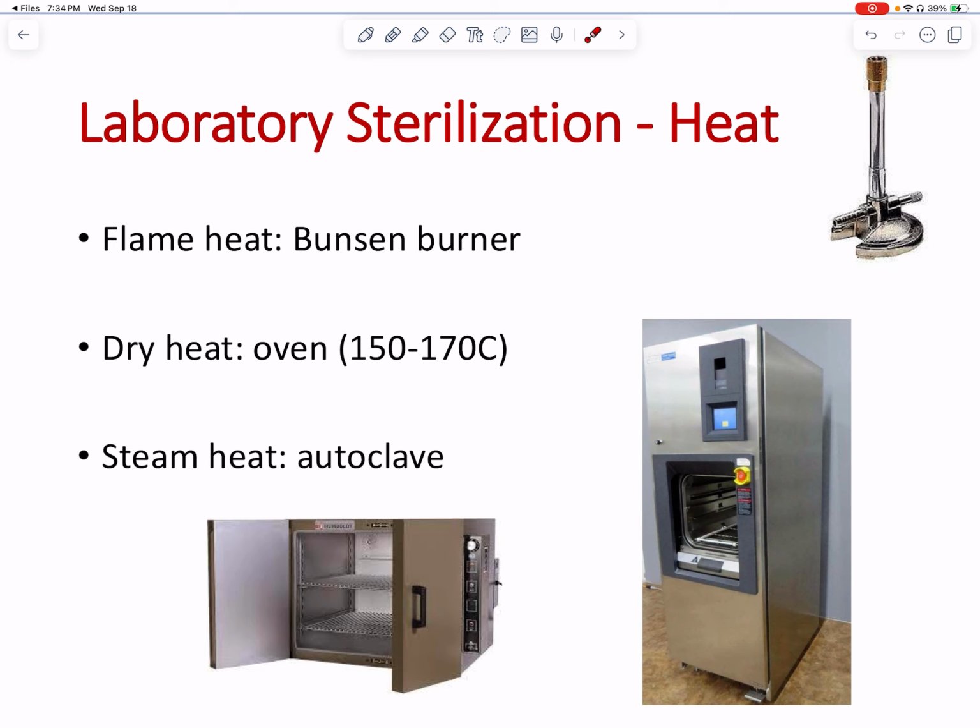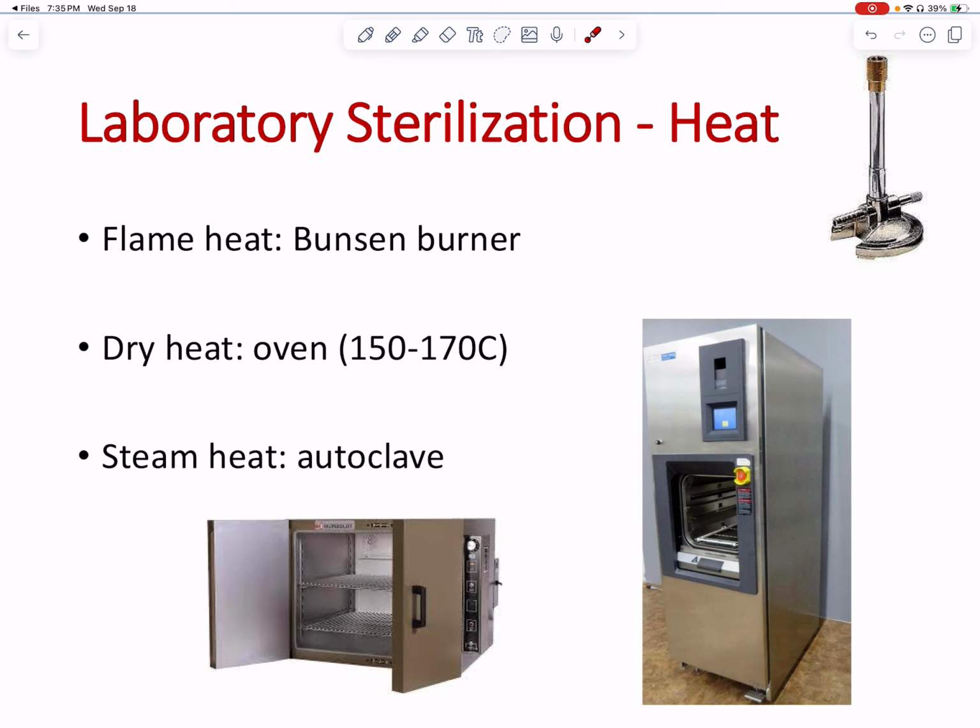Now, the one thing that we haven't talked about so much just yet is the steam heat autoclave. At home, we can think of this essentially like an Instant Pot, which is just a pressure cooker. We are going to be adding heat, pressure, and time in order to sterilize equipment.